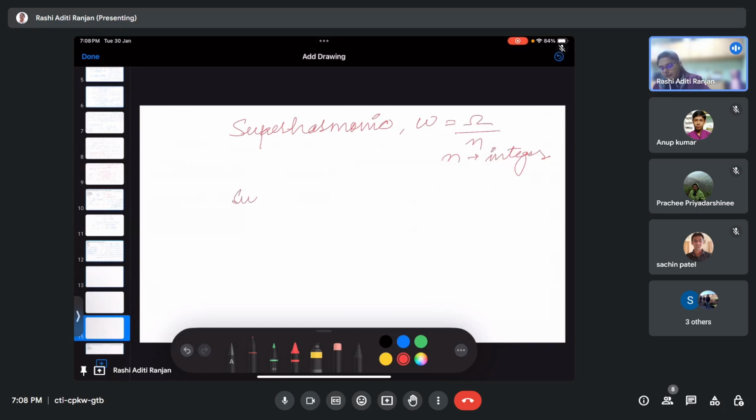While in case of subharmonic, omega is equal to n times this. Here also n is an integer. In case of superharmonic, the time period changes like n into T naught, and in case of subharmonic, the time period is going to change like this. Is it clear to everyone?